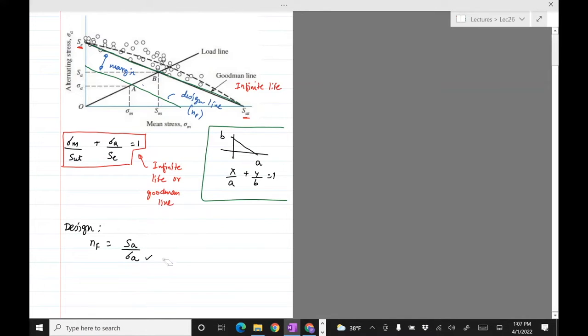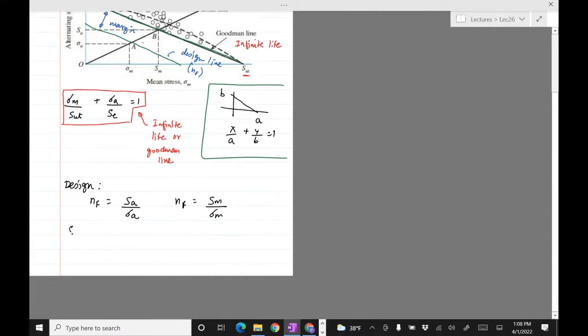And then the same can be done for the other axis. So we have SM divided by sigma M. SM is the max stress. Sigma A and sigma M are the actual stresses. These are the stresses where the material will fail.